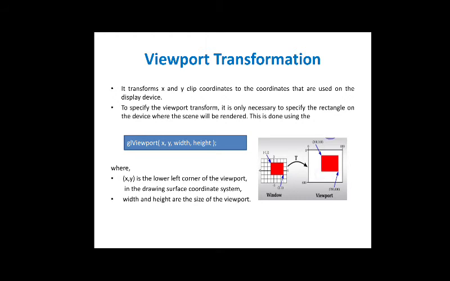This is the width, and this is the height, starting from this to this, then this is the height. So here we have our viewport. The parameters x and y are its lower left corner point, and then its width and height.